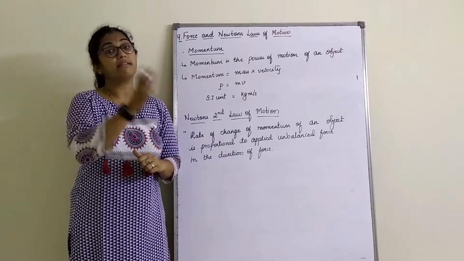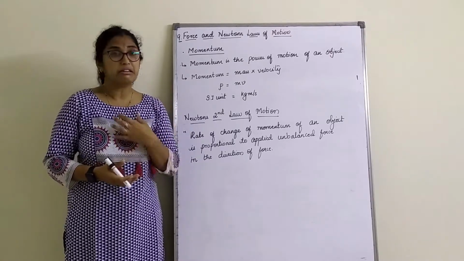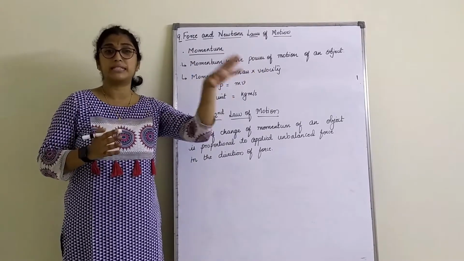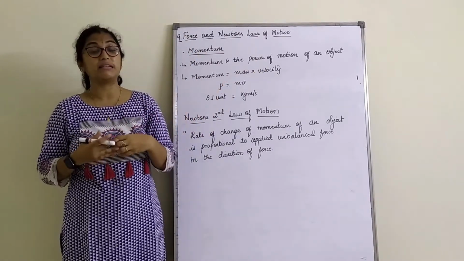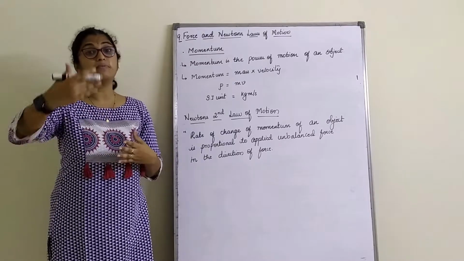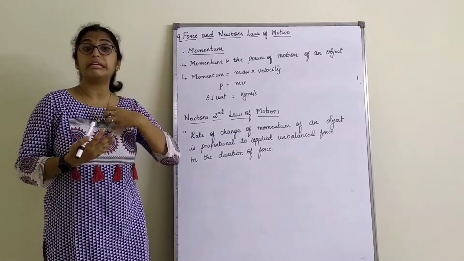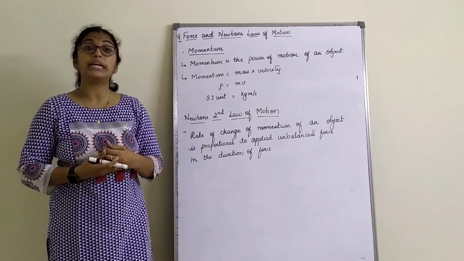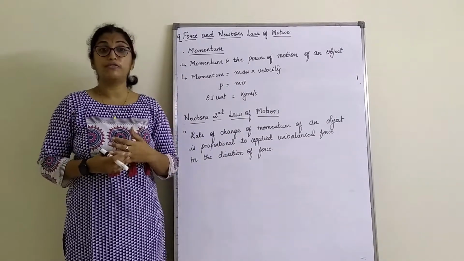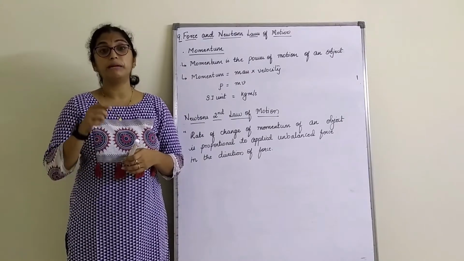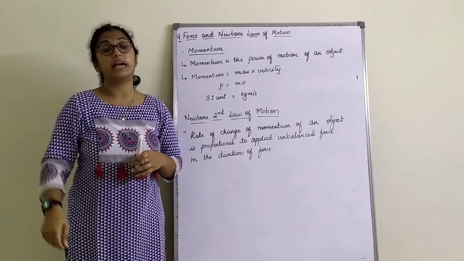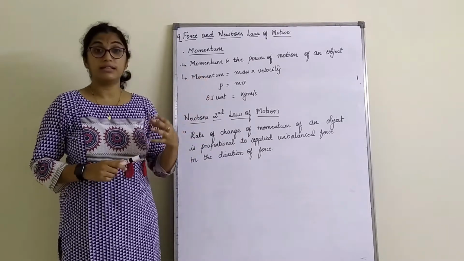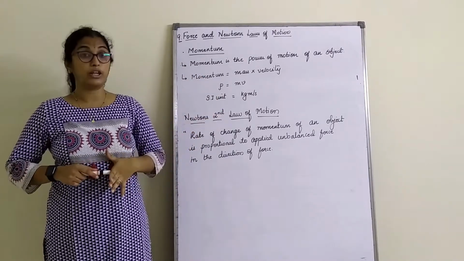If you go and hit a moving bus, you get hurt very badly, right? If you hit a standing bus, the chances of getting hurt are less. That means as a body moves with a greater velocity, its momentum also increases. The momentum of a bullet fired from a gun is more than that of a bullet hit with a hand. So momentum is nothing but mass into velocity.